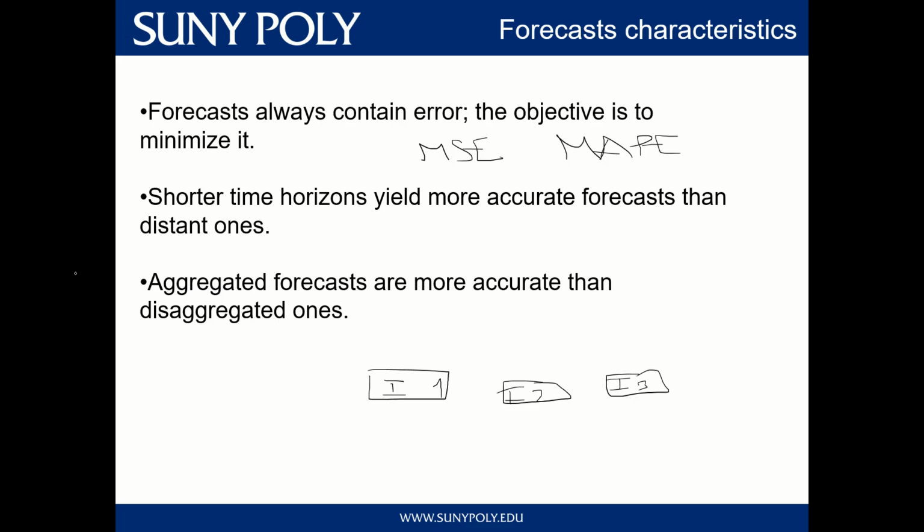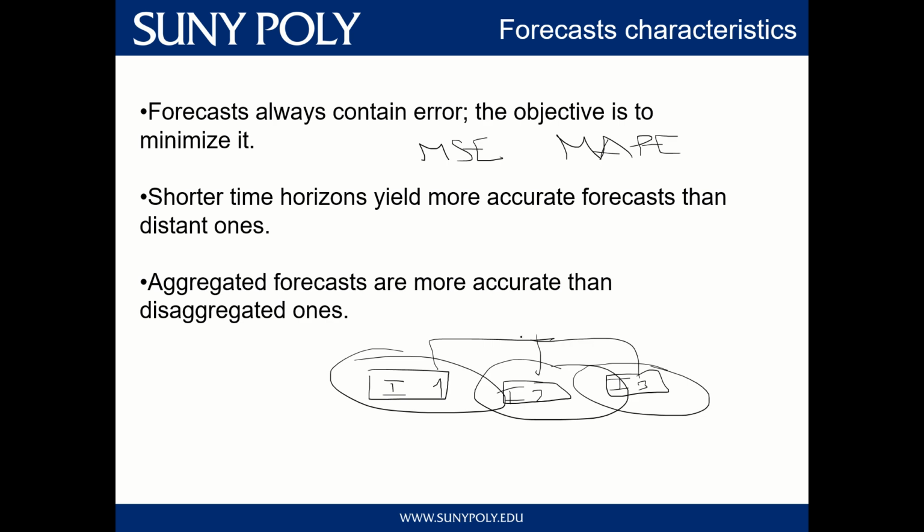So the third characteristic means that if you try to forecast each product, each time series individually, then you're going to be less accurate. Compare that if you try to make a forecast of these three products aggregated.